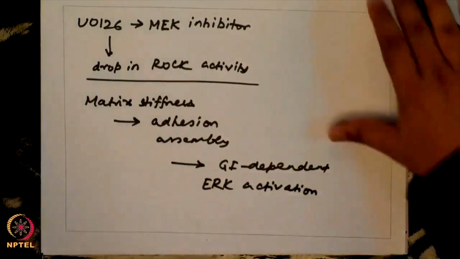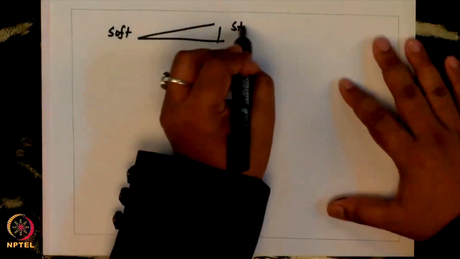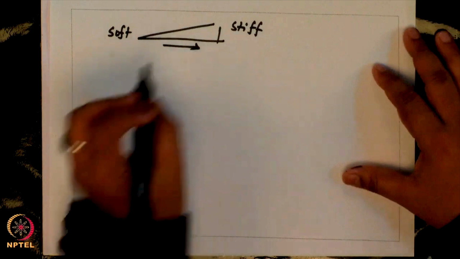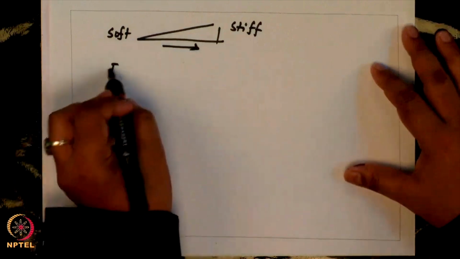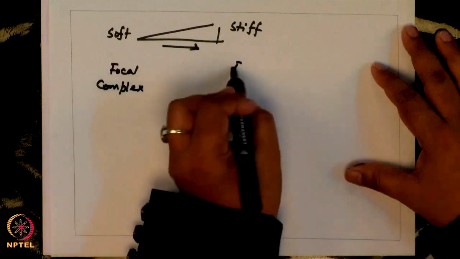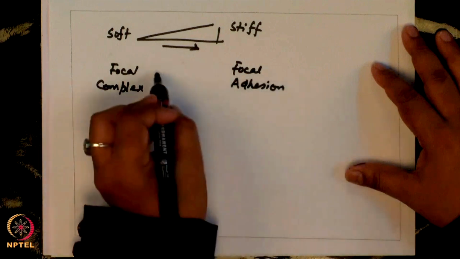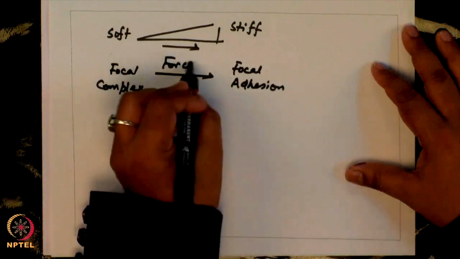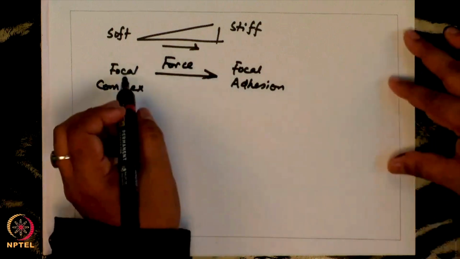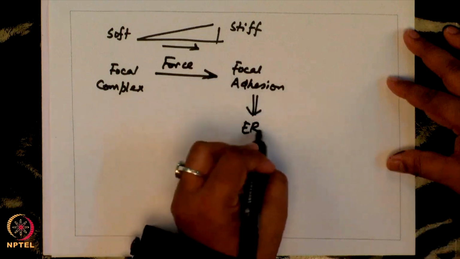To summarize, what they found was that with an increase in stiffness, if you have soft and stiff surfaces, you have increase in stiffness in this direction. On soft substrates you have focal complexes, on stiff surfaces you have focal adhesions. So, force converts the focal complexes to the focal adhesions. These focal adhesions drive ERK signaling.